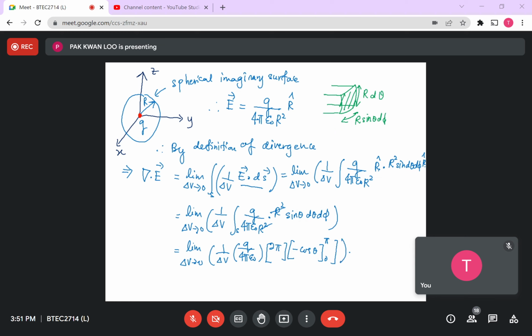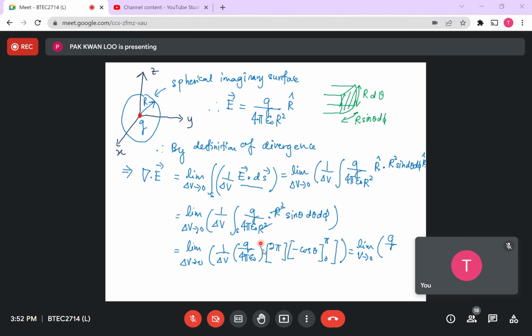And therefore I have now q divided by 4 pi, with 2 pi here and the other square bracket evaluating to 2.